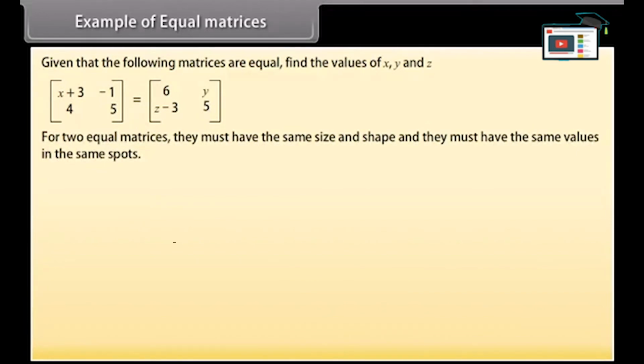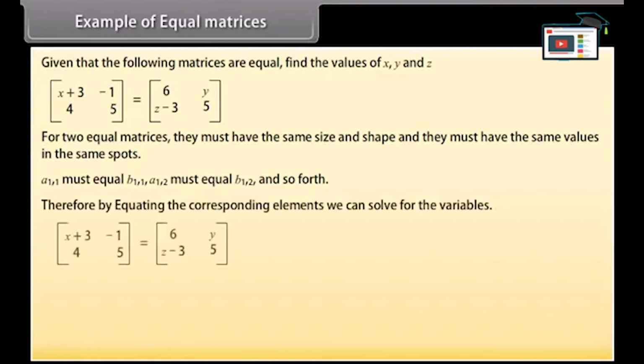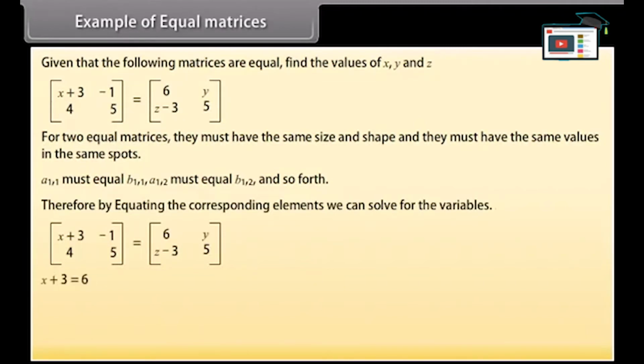Or we can say A11 must be equal to B11, A12 must be equal to B12 and so forth. Therefore, by equating the corresponding elements, we can solve for the variables. x plus 3 is equal to 6, x is equal to 3, y is equal to minus 1, z minus 3 is equal to 4, z is equal to 7.